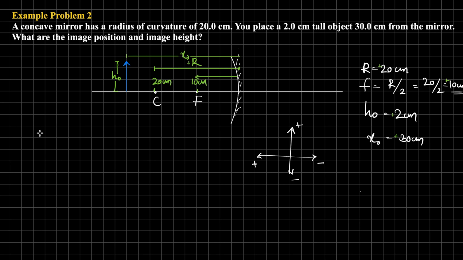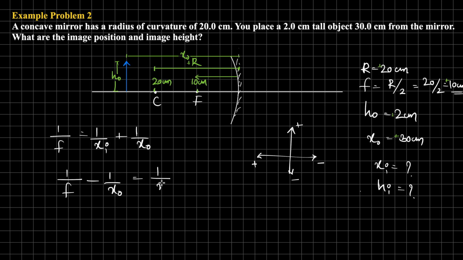Let's solve it. We're going to apply the mirror equation. 1 by f equals 1 by xi plus 1 by xo. Focal length is given. We need to find xi. xi is unknown, and so is image height hi. So 1 by f minus 1 by xo is equal to 1 by xi.